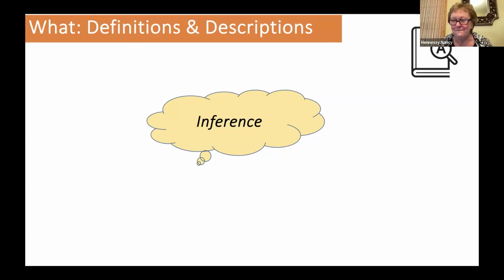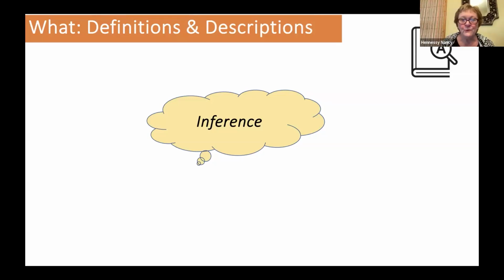Inference is what I read plus what I know equals conclusion. Inference is using what you know to help understand what is being read. Inferences are taking what we know from the text mixed with background knowledge to draw a conclusion. Take what you read plus what you know equals logical conclusion, and using what you know and what the text says to draw a conclusion or an understanding of what is not stated.